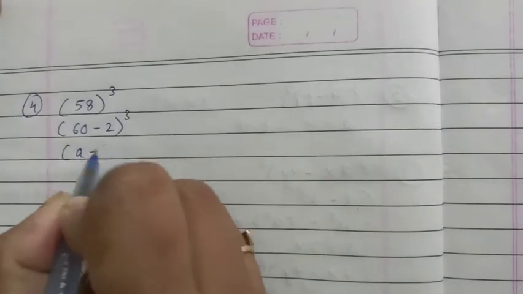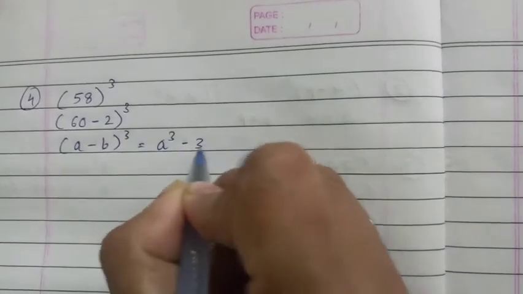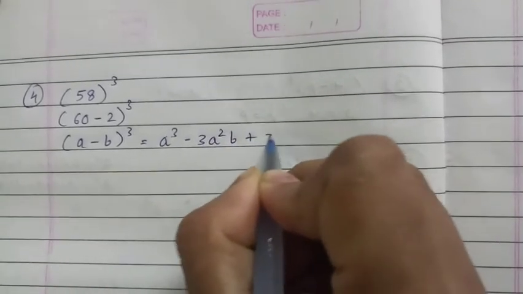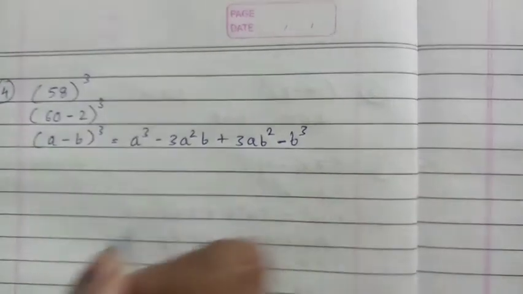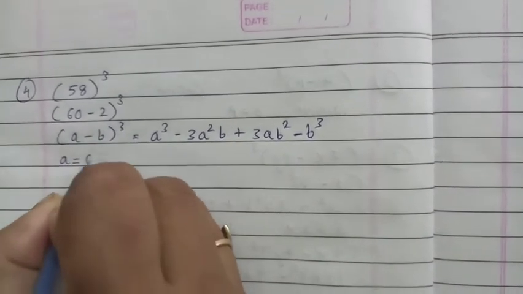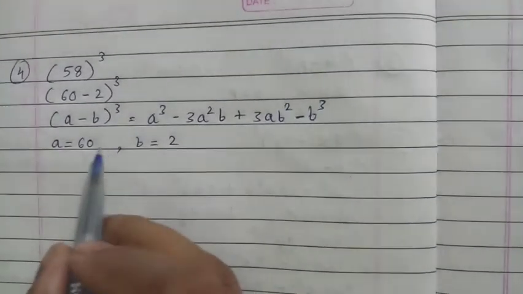Now we can use the formula: a minus b whole cube is equal to a cube minus 3 a square b plus 3 a b square minus b cube. Now compare the values. a is equal to 60 and b is equal to 2. Now put the values in the formula.